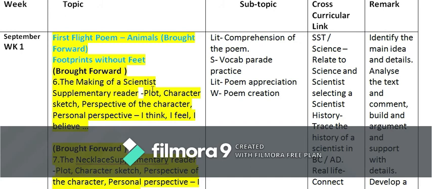And I also advise that you check your textbook, tick mark your topics that have been covered, making sure that you have not missed out anything. I have been covering the topics in the sequential order as from the textbooks, that is my First Flight and Footprints Without Feet and the workbook.